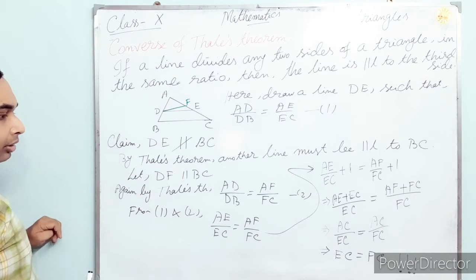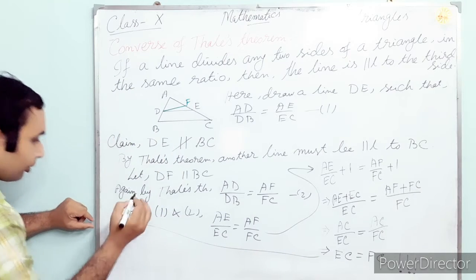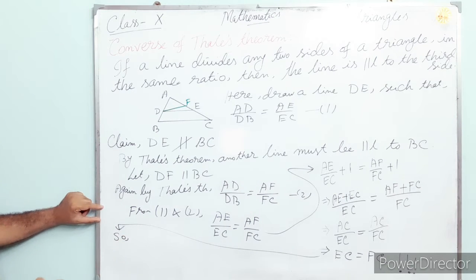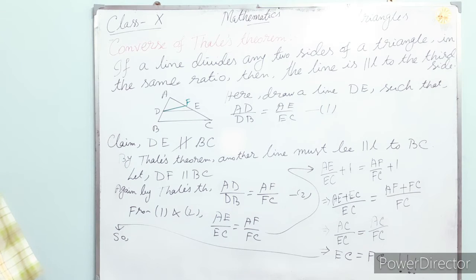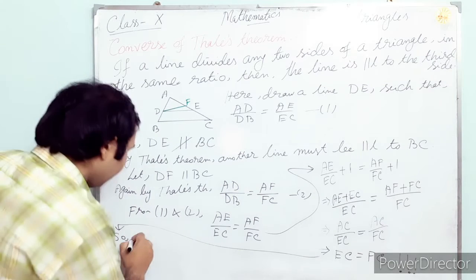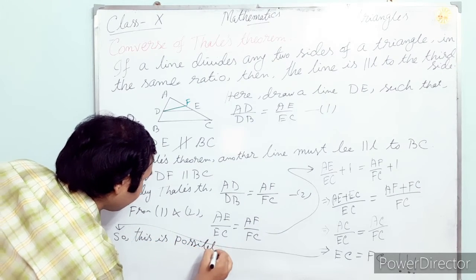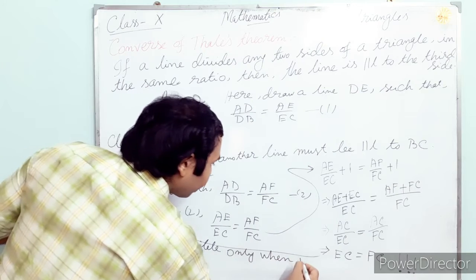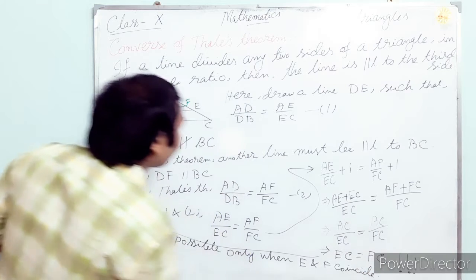So here I am writing EC is equals to FC. This is possible only when E and F coincide.